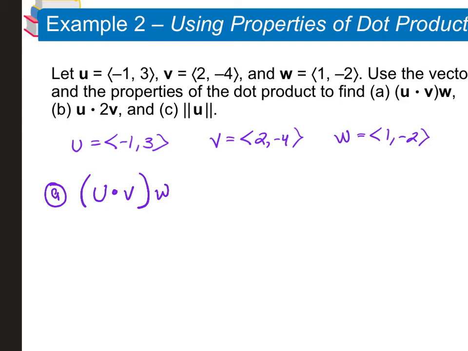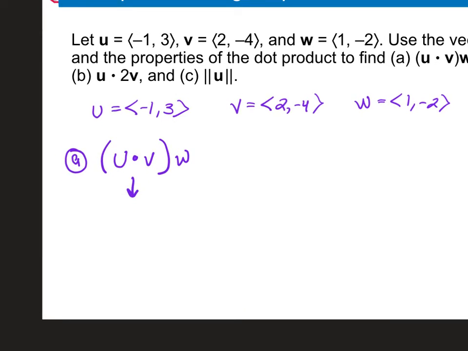What does it mean that the W is outside of the parentheses? It means to multiply. It just means to multiply. So we're going to do the dot product first of U and V. What goes with what? Right? First with first, second with second.